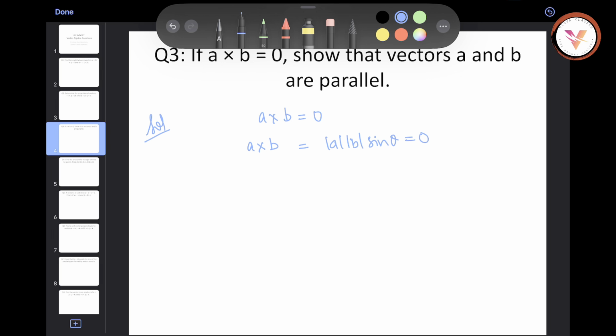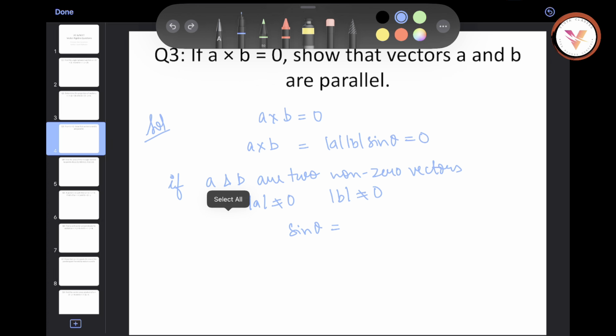Now, if A and B are two non-zero vectors, that means magnitude of A is not equal to 0 and magnitude of B is not equal to 0, then definitely sine theta is equal to 0. And sine theta is 0 when theta is either 0 degree or 180 degree.